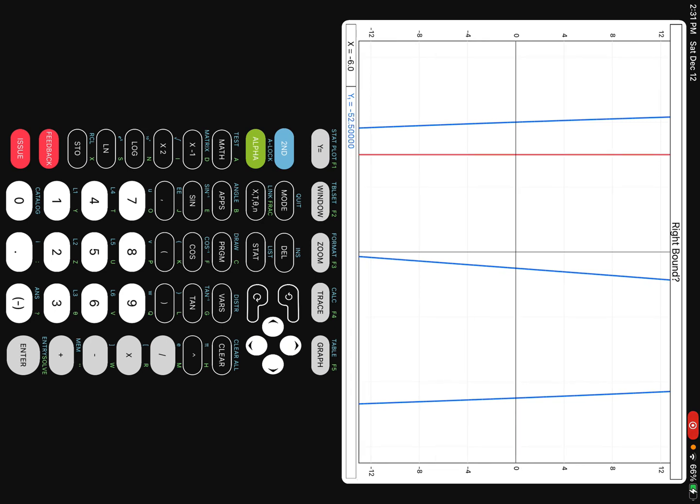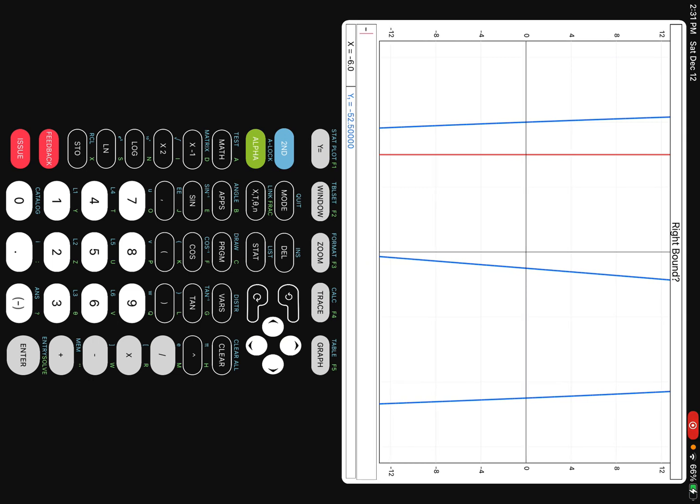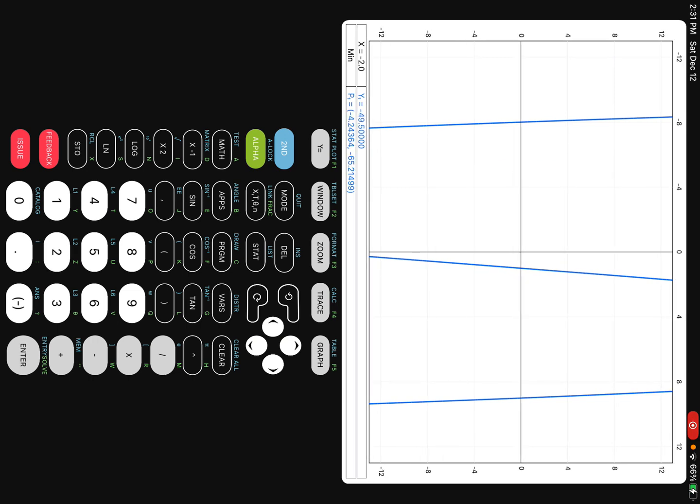And now you see on the top it says right bound. And we go on to be -2. We're going to hit enter twice. And then it gives us the minimum point on the bottom there. Okay, so we can read it. In the bottom left-hand corner of the window, it says -4.24, comma, -65.21.